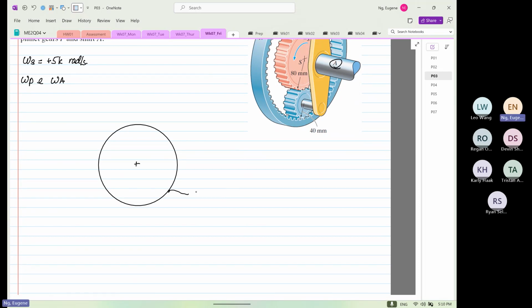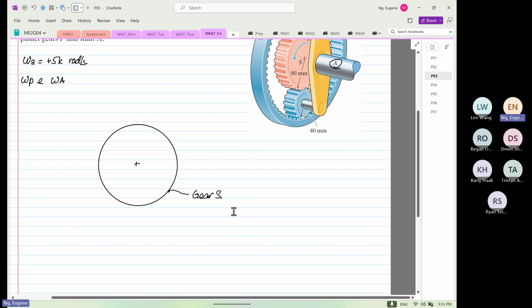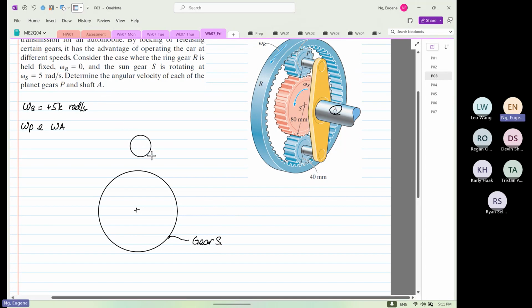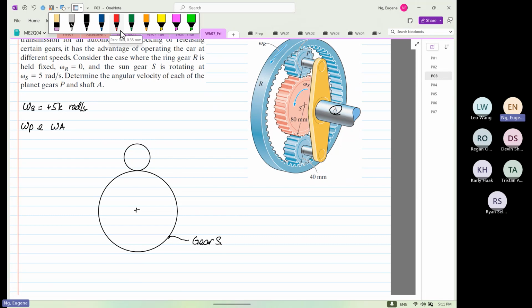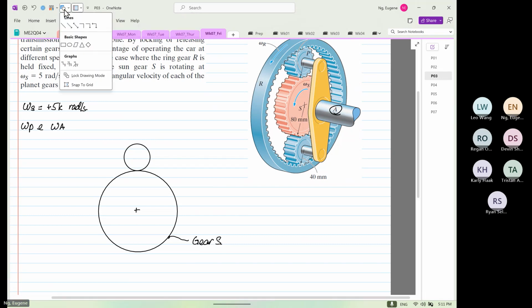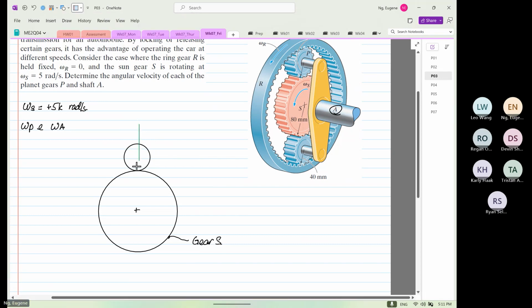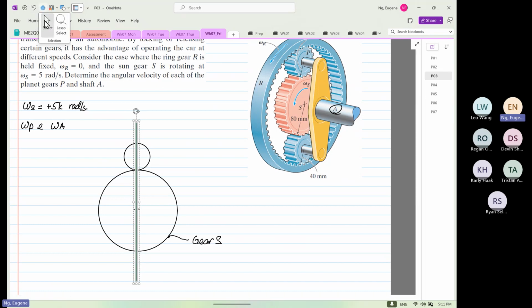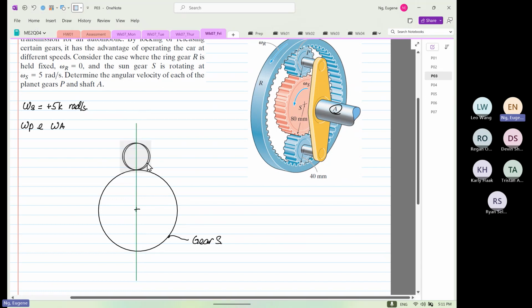I'm going to call this gear S, and then we have gear P. And our focus again, we are going to align this in vertical, where the contact is. Why I say that? Then you only need to handle one component. You don't need to handle two components.